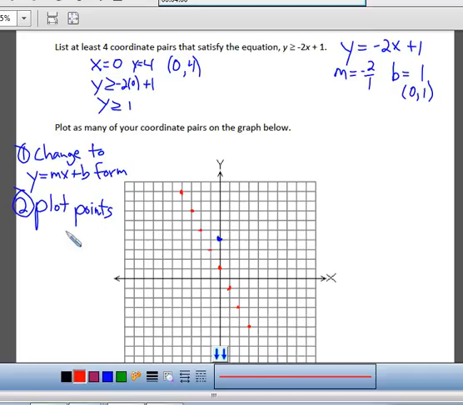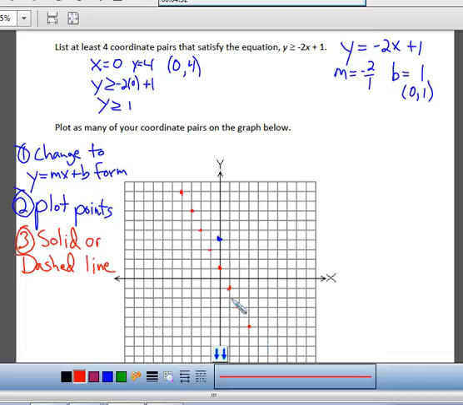Step 3, we've got to decide if this is going to be a solid or a dashed line. Now what does that mean? Well, I just said I'm not connecting these points yet. Because if this was just y is greater than negative 2x, I would not be able to include these points in my solution.